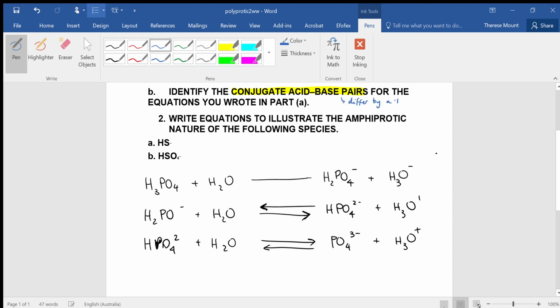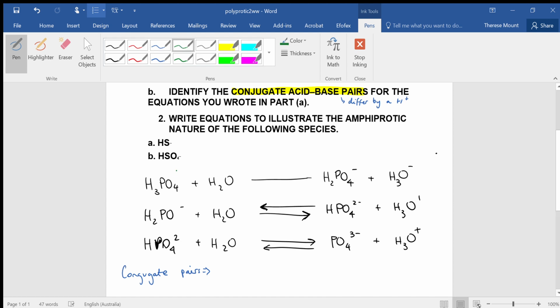by an H+. So I think the easiest thing to do with conjugate pairs is look at your formulas and see which species differ by one H+.